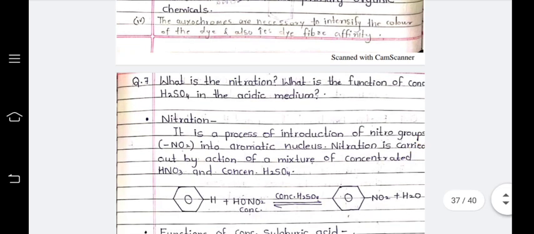Auxochromes are necessary to intensify the colors of the dyes and also increase the dye-fiber affinity.